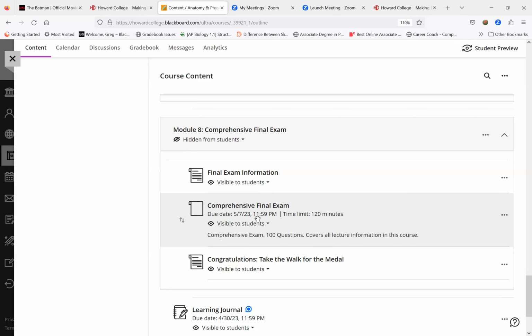And Howard College needs the grades as soon as they can get them in. So that's a hard due date, period. Class is over after 5/7/23. If you need a letter of recommendation from me, of course, you can email me, but any questions about the class after 5/7/23 most likely will not be answered, because we are done. The semester is over at that point.